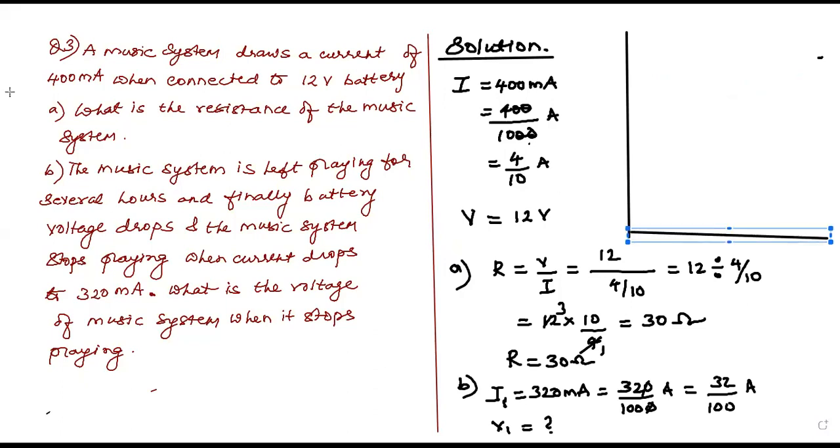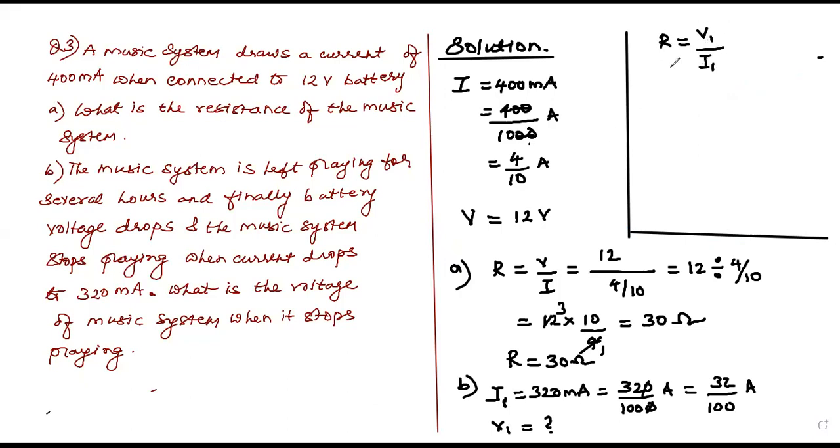Now, one thing I told you, children, if you remember: the resistance of the music system will remain what? 30 ohm. Now I1 is how much? 32 upon 100. V1 is how much? We don't know. You know the formula, Ravi, R is equal to V1 upon I1.